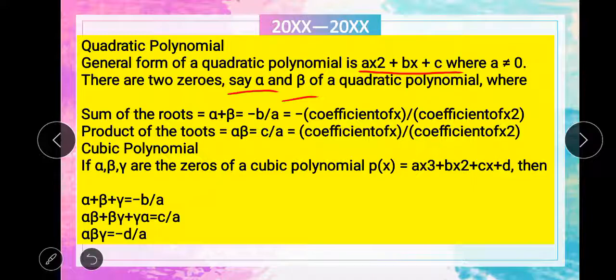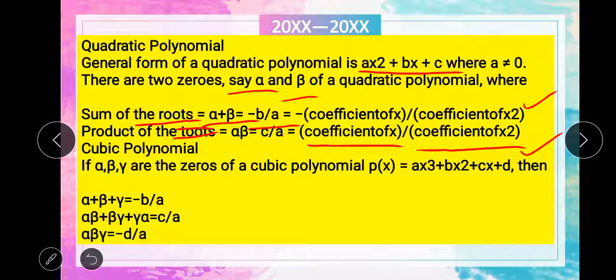Alpha and beta are zeros of the polynomial, hence the sum of zeros alpha plus beta is equal to minus b by a, which is minus coefficient of x upon coefficient of x square. In the same manner, the product of zeros, alpha into beta, is equal to c by a, which is constant term upon coefficient of x square.